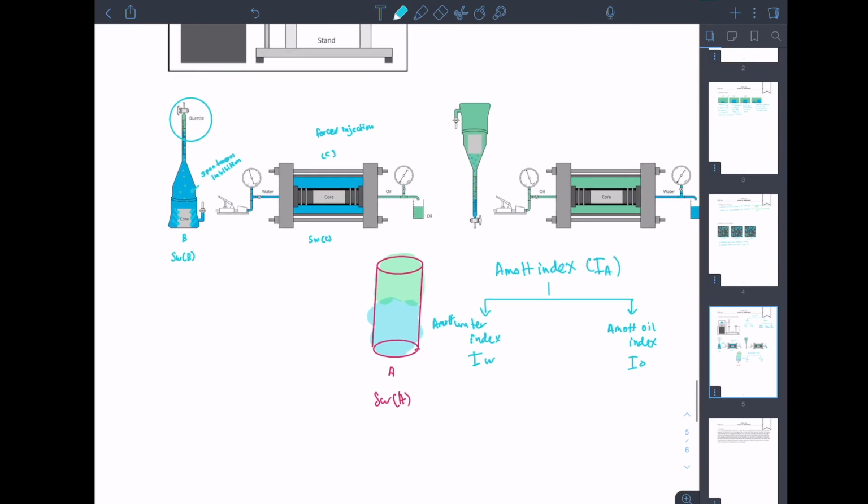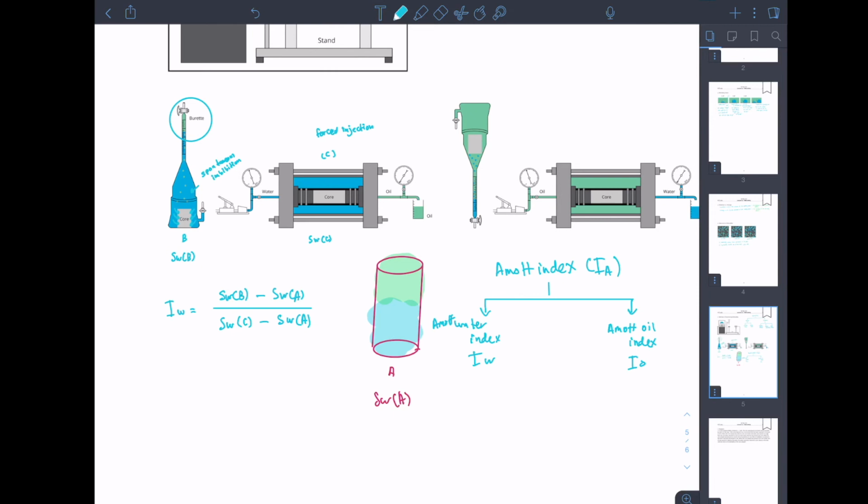Now let's discuss IW, since we already finished that part. IW, the Amott water index, equals SW at point B minus SW at point A, divided by SW at point C minus SW at point A.